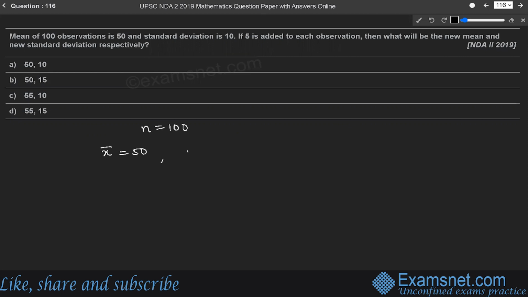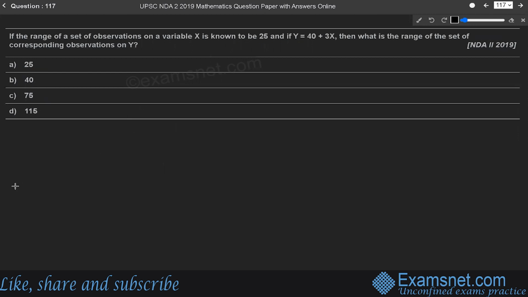Standard deviation, which is sigma, is 10. And if 5 is added to each observation, then new mean will be 50 plus 5, which is 55. And standard deviation remains 10 only. Therefore, we can say that the correct option here will be option number C, which is 55, 10.